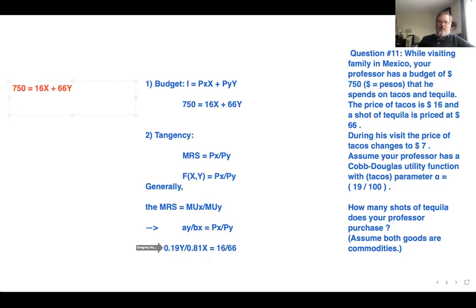And then what I would do is move the 0.81x over to the other side, multiply both sides by 0.81x, and then divide both sides by 0.19.